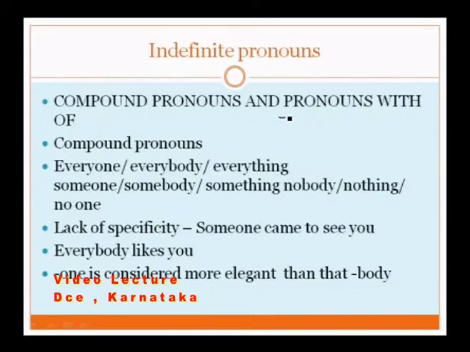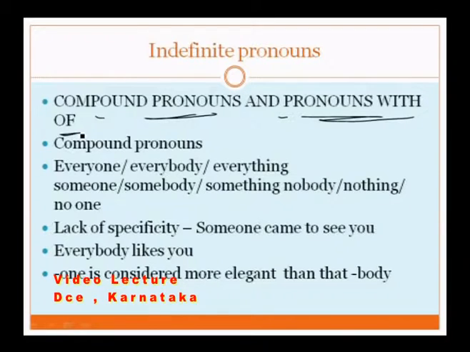Two types. This is compound pronouns, one, and pronouns with what structure? Of structure. Now, compound pronouns, the first section we shall understand. Everyone, everybody, everything, someone, somebody, something, nobody, nothing, no one.